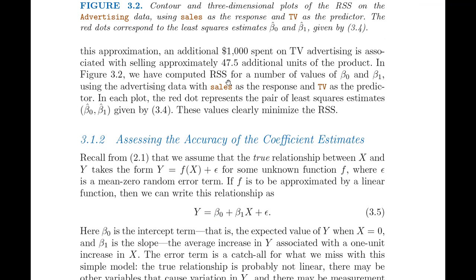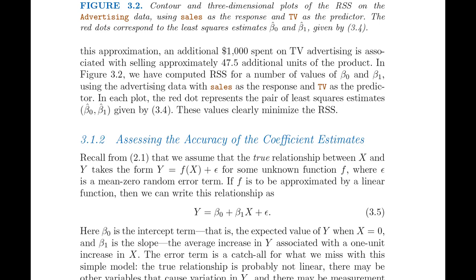So an additional $1,000 spent on TV advertising, if the model has captured the true relationship, is associated with selling approximately 47.5 additional units of the product.